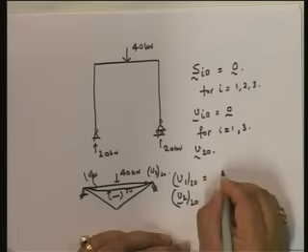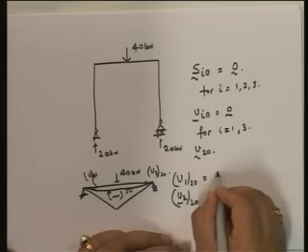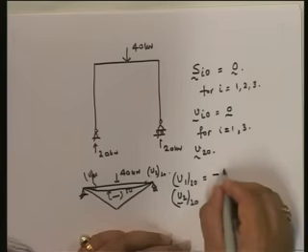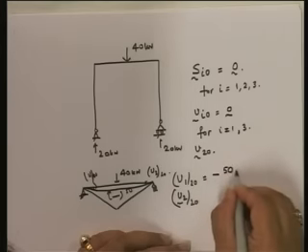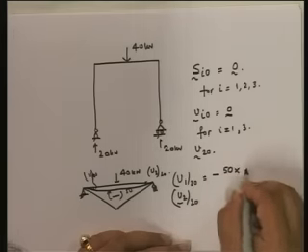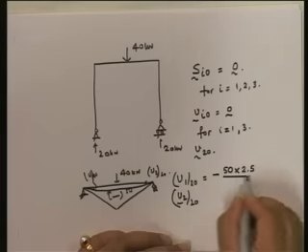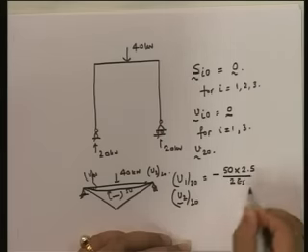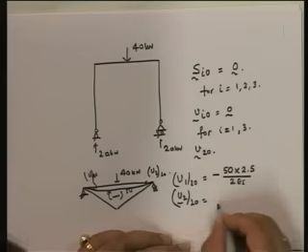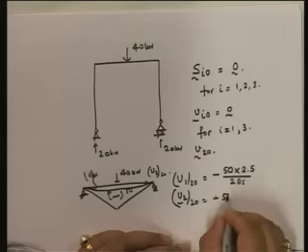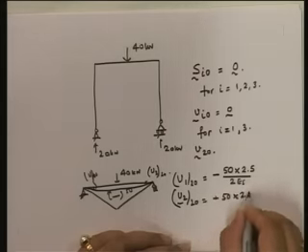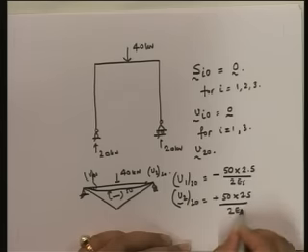It's going to be equal to V10 is going to be minus 50 into 2.5 divided by 2EI, and this is going to be equal to plus 50 into 2.5 upon 2EI.